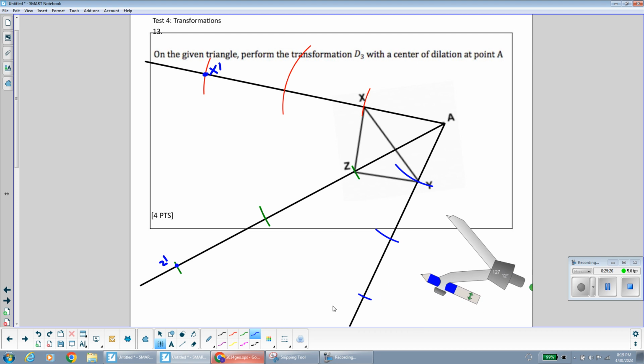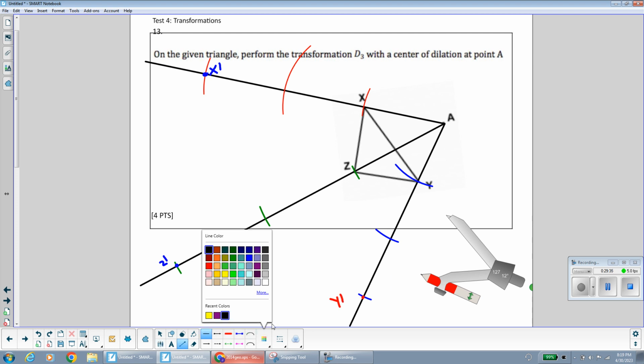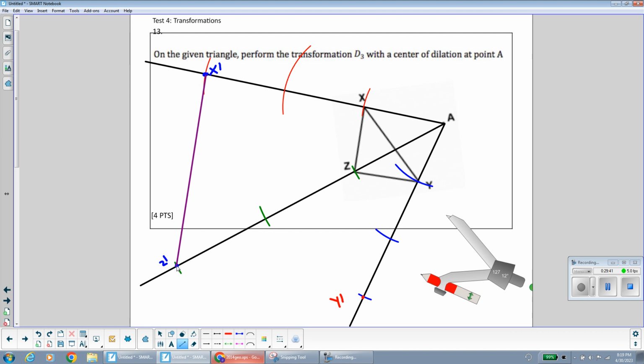And there I have the point Y prime. So now I've dilated all of my 3 points by a scale factor of 3. All I need to do is connect my image points together. So connect, connect, and connect, and my triangle appears to be 3 times as big as the original one.